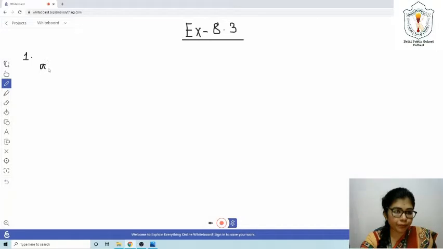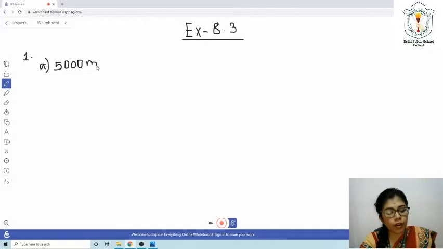So A, you see here, we have to convert 5,000 meter. Convert the following into kilometers and meters. Meter is given, and we have to convert this into kilometer and meter. So let us see how to do that. What did I tell you?